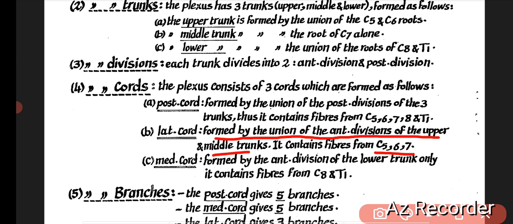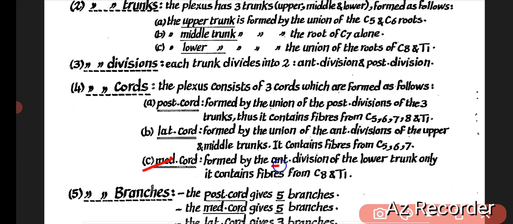Because the upper trunk is formed by the union of the C5 and C6 nerve roots, and the middle trunk is formed by the C7 nerve, that's why C5, C6, and C7. Now the medial cord.